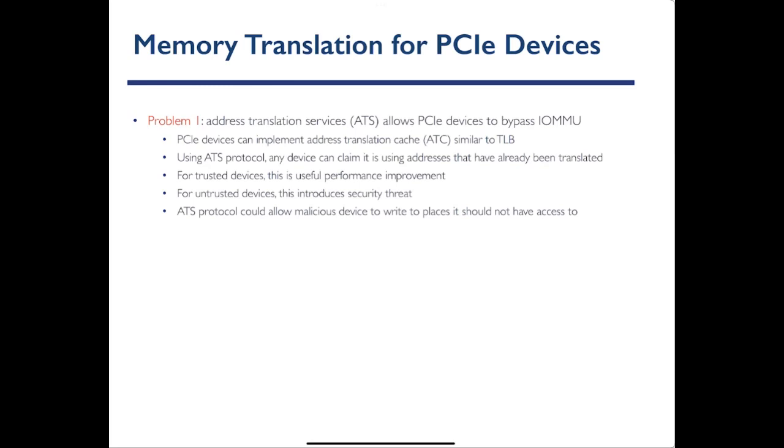I already know the translation. Let me go to memory. This is allowed in the PCIe protocol. Now, this is a security risk if your device is malicious, because you can just bypass the IOMMU and say I have the translation, but maliciously use a physical address that you are not supposed to access.